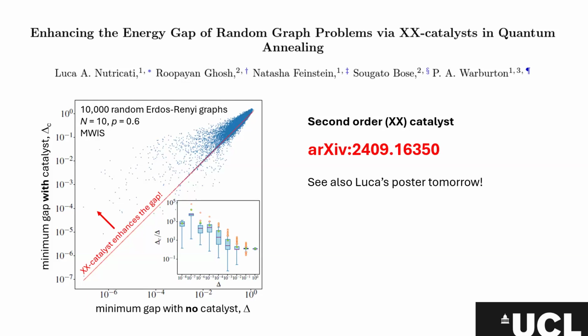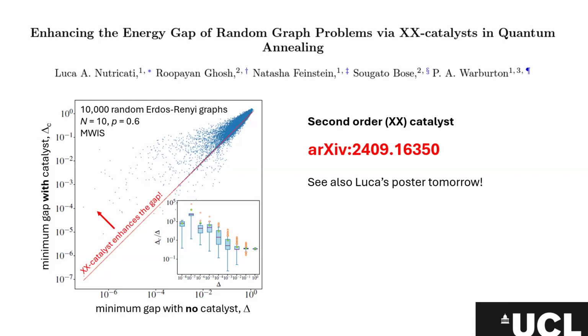And a couple of these have appeared on the archive in the last couple of weeks. Firstly, I'm going to talk about Luca Nutricati's work. Luca is in the audience here, and he'll be giving a poster on this work tomorrow, or you can look at this archive preprint. And what Luca has done is take 10,000 randomly generated Erdős-Rényi graphs, and here he's plotting on the x-axis the minimum gap of these randomly generated graphs without a catalyst.